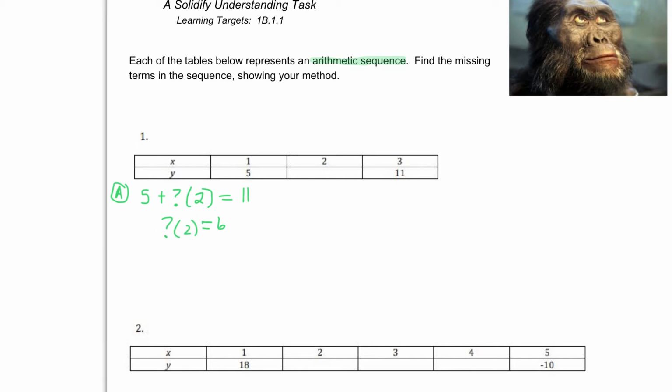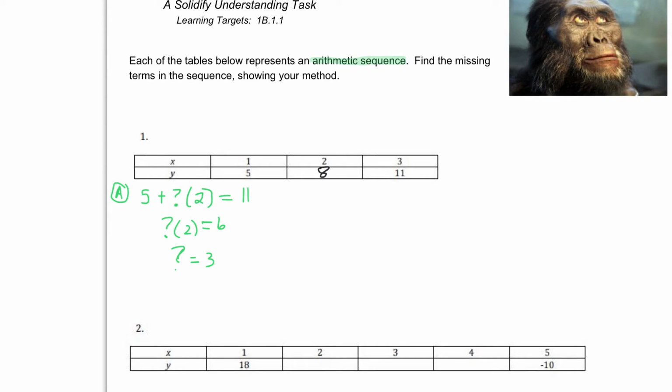So 6 divided by 2 is going to give me that question mark equal to 3, which tells me that I'm adding 3 each time. So 5 plus 3 would give me what number? That would be 8. So I can fill my table in that this term here is going to be 8.